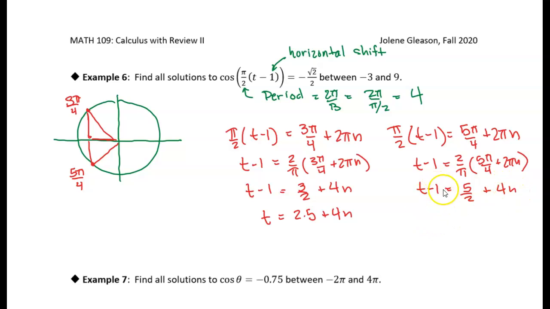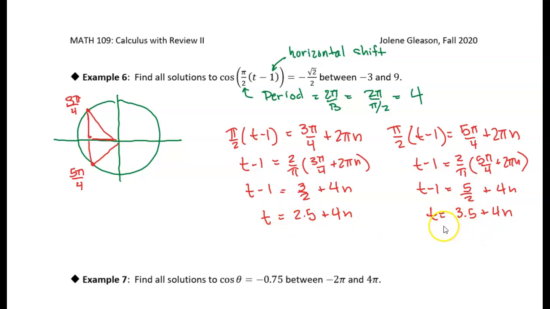Then I'm going to add 1 to both sides. So t is equal to 2 halves plus 5 halves gives me 7 halves. I'm just going to write that as 3.5 plus 4n.